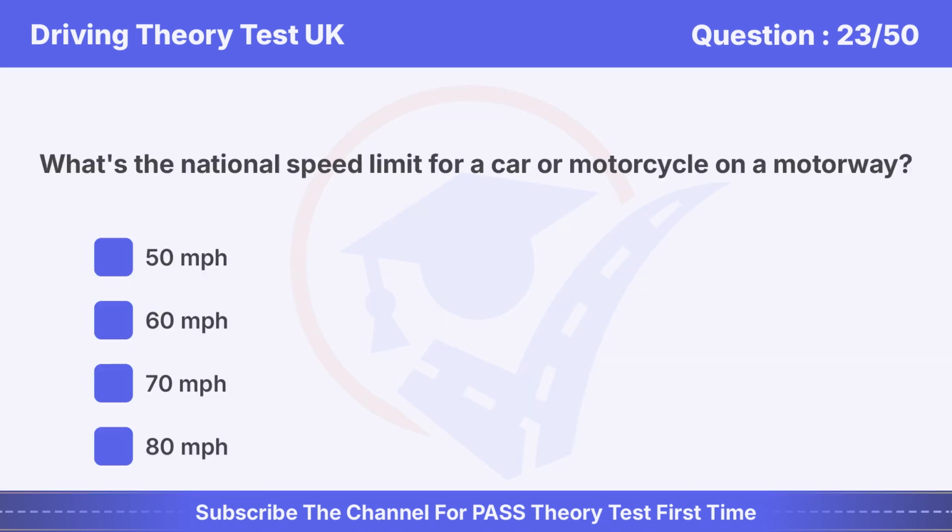Question 23. What's the national speed limit for a car or motorcycle on a motorway? Answer is C, 70 miles per hour.